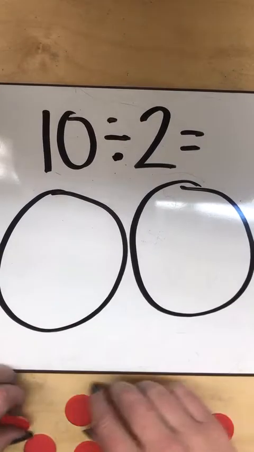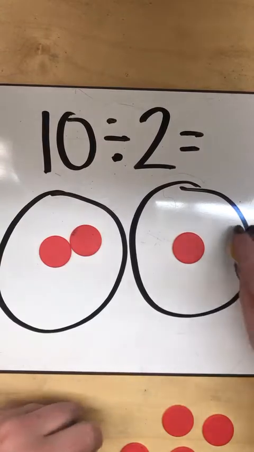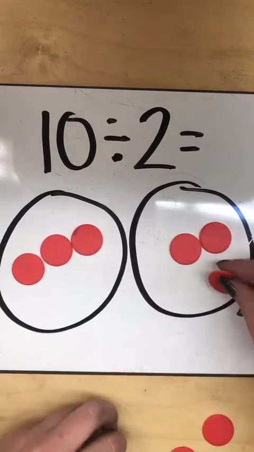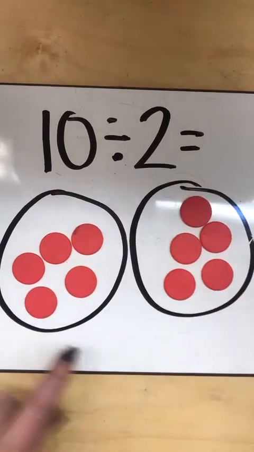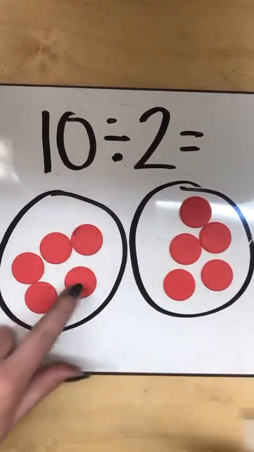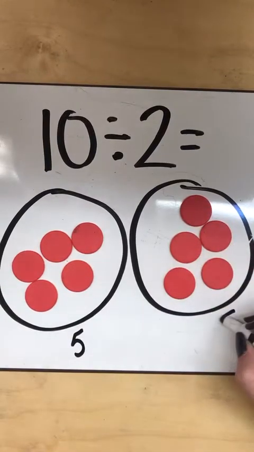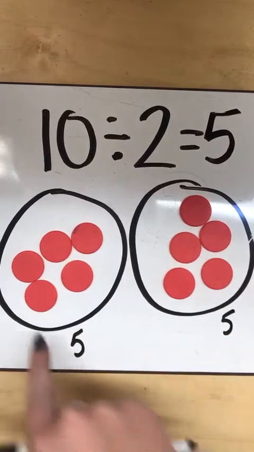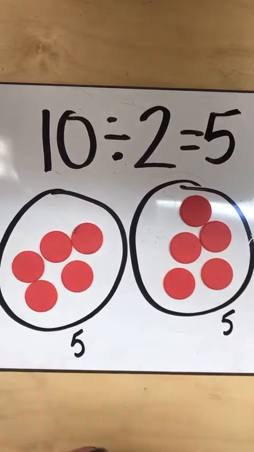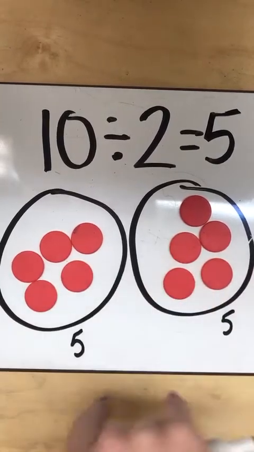And then again, left, right, back to the beginning. Left, right. How many are in this group? 1, 2, 3, 4, 5. How many are in this group? 1, 2, 3, 4, 5. As students start to get more fluent, they're going to naturally skip the step where they're counting in each. They just know they're going to be the same because they evenly split them.